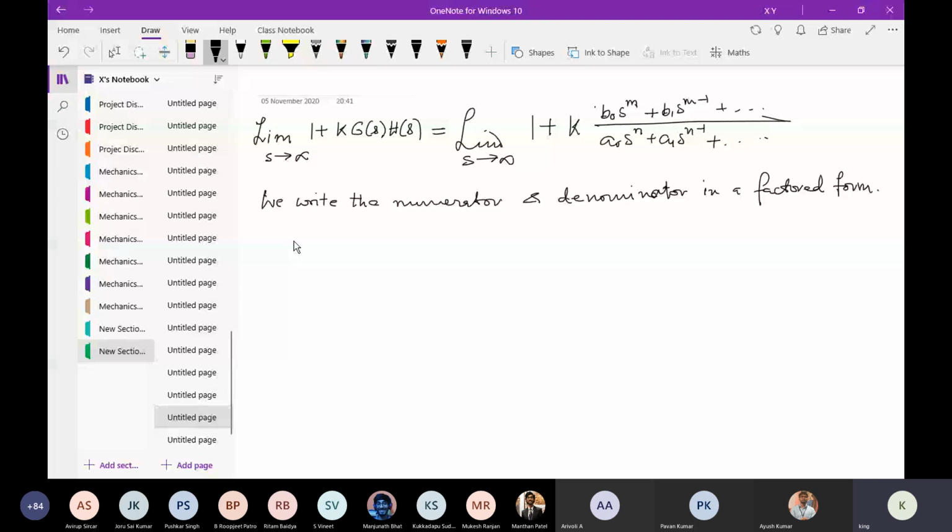That means my KGSHS will look like K times these things that we already know, these poles and zeros, because these are for the open loop and for the controller.